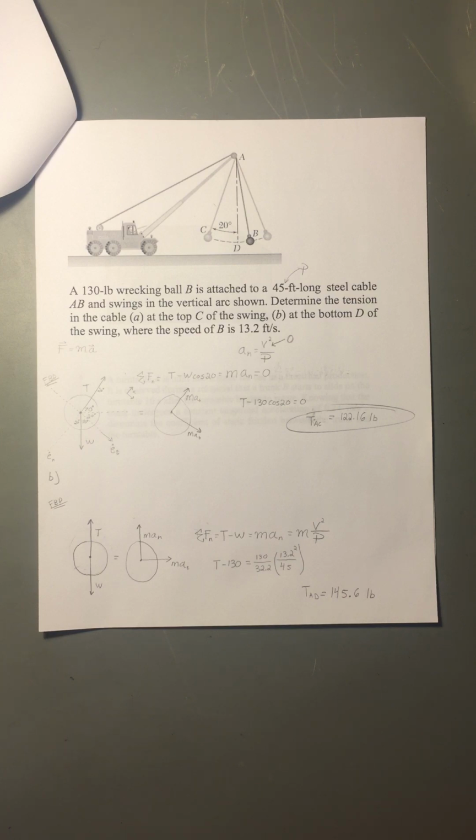So in this problem, the first thing we had to recognize is that at point C here, the problem tells us that the ball is at its highest point, which tells us the velocity there would be equal to 0.